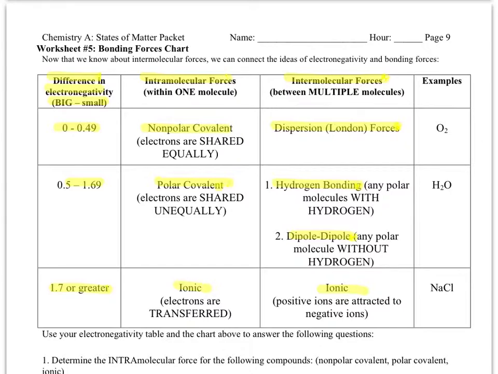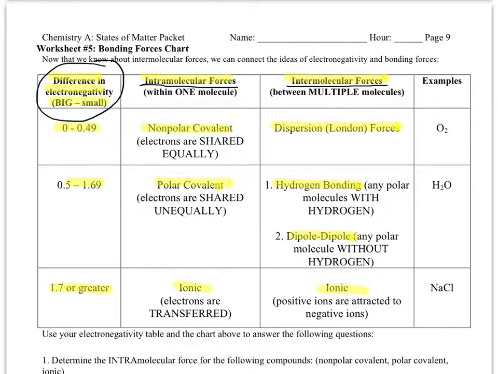So what this chart does is it shows you that if you can calculate the difference in the electronegativity values, those numbers from the chart on worksheet 3, between 2 atoms in a molecule, then you can determine both the intramolecular forces that are holding the individual atoms together, along with the intermolecular forces that are holding multiple molecules together.